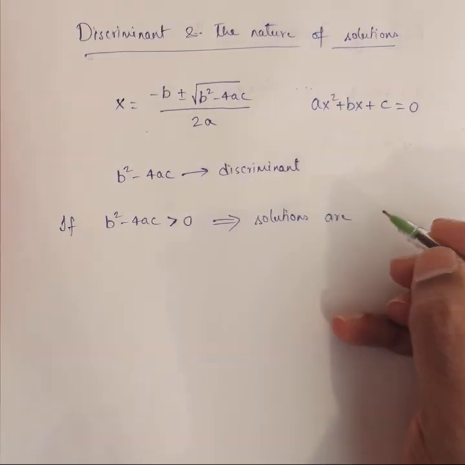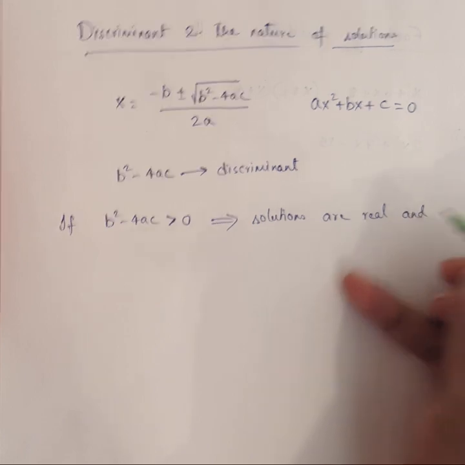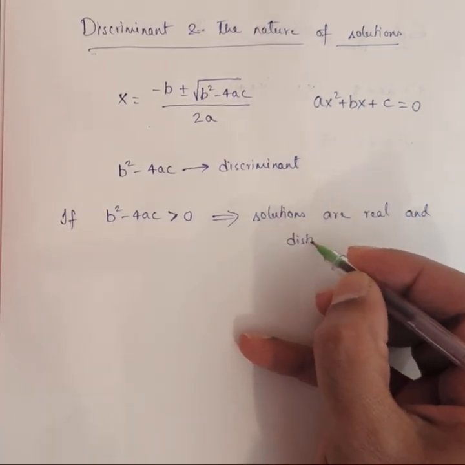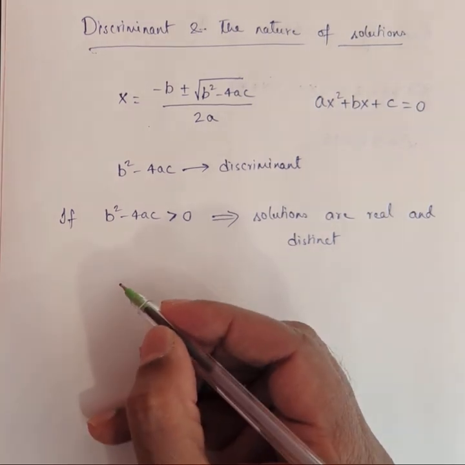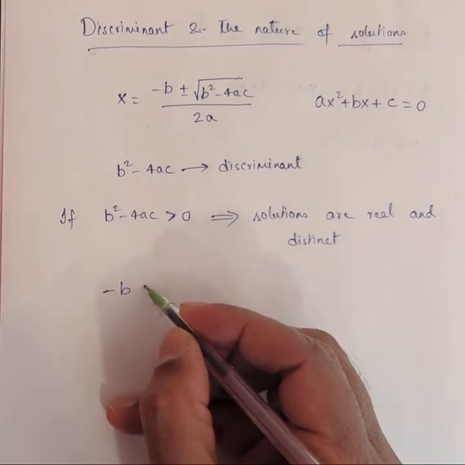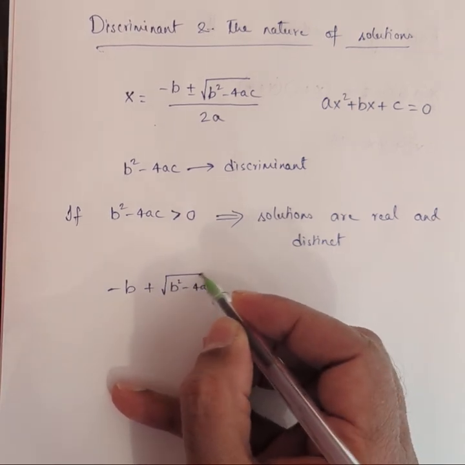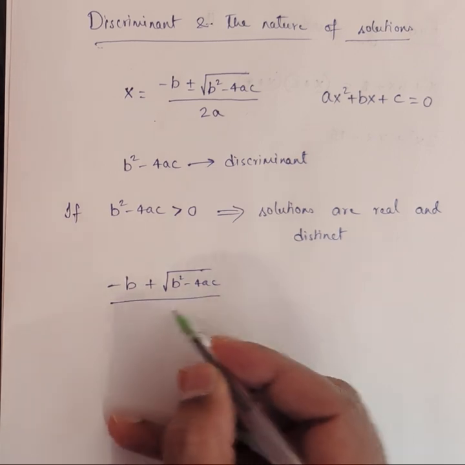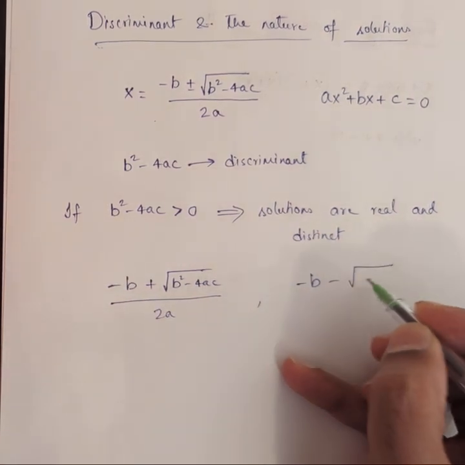So these solutions are going to be real and distinct. Okay. Why? Because one of them uses the plus in the numerator, the other uses minus in the numerator.